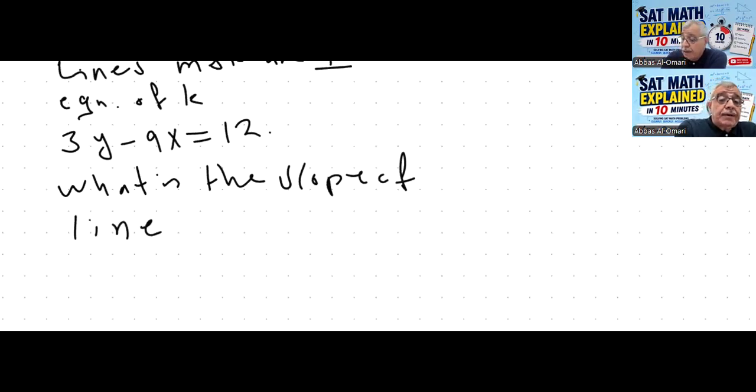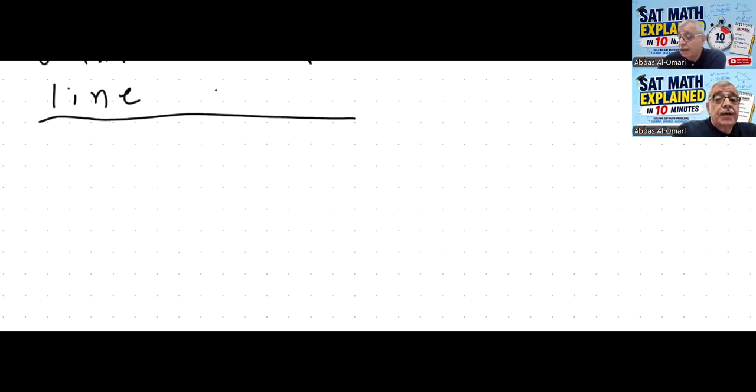Now the question gave us the fact that the two lines are perpendicular. That means when two lines are perpendicular, the multiplication of their slopes equals -1.